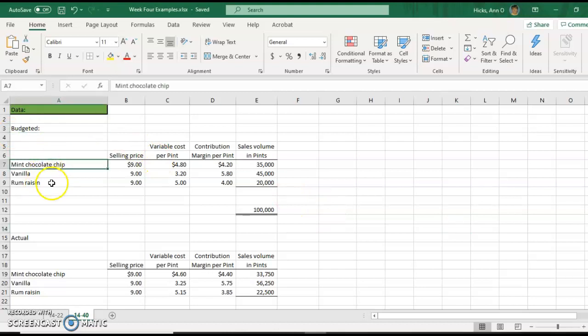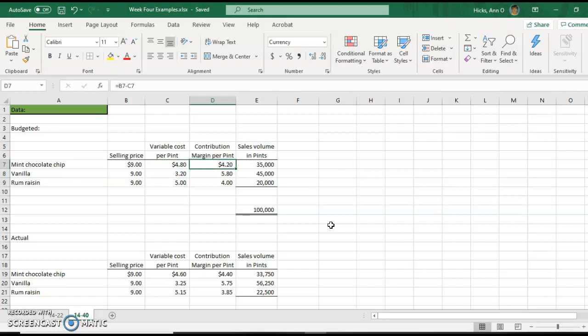We're an ice cream store and, for purposes of our example, we sell 3 different kinds of ice cream: mint chocolate chip, vanilla, and rum raisin. From a budgeted perspective, we are budgeting that we will sell all of the ice cream for $9 a pint. But then you'll notice that depending on the flavor, the variable cost per pint changes.